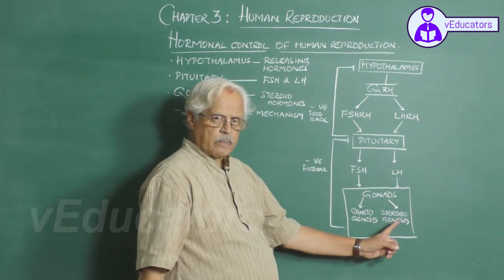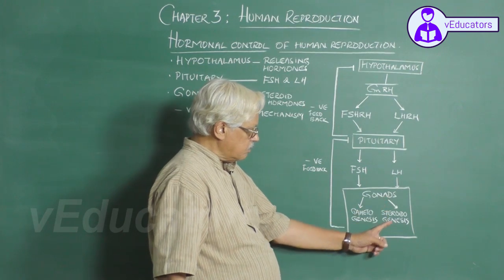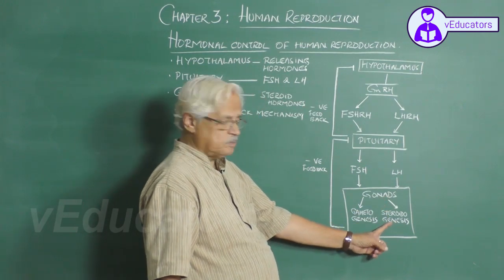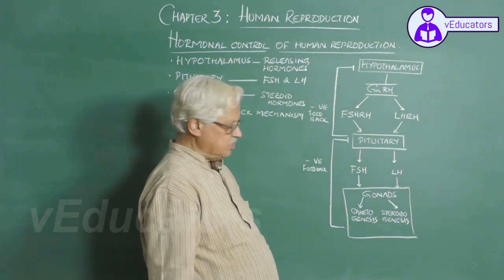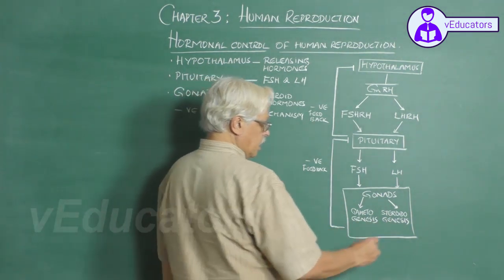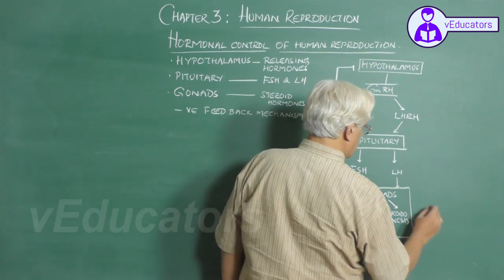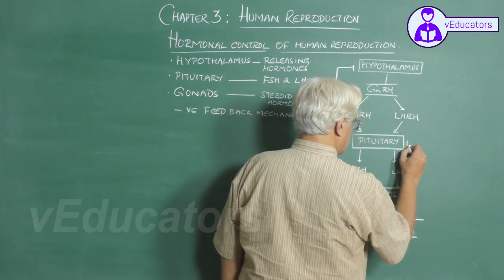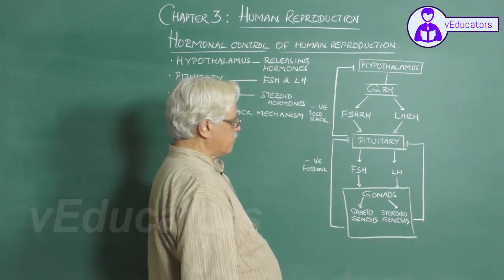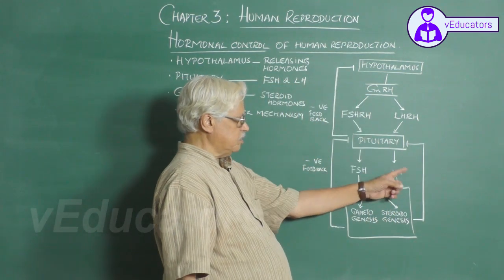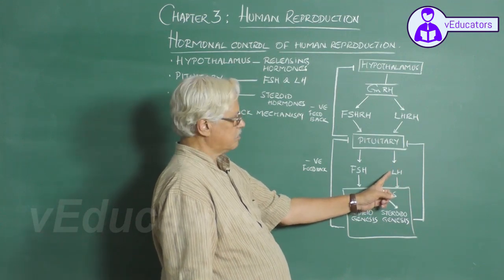In the same way, when steroidogenesis is promoted, gonads produce the respective steroid hormones, androgens, estrogen, etc. An increase in the concentration of these hormones has a negative feedback on the pituitary. Pituitary reduces the production of LH.